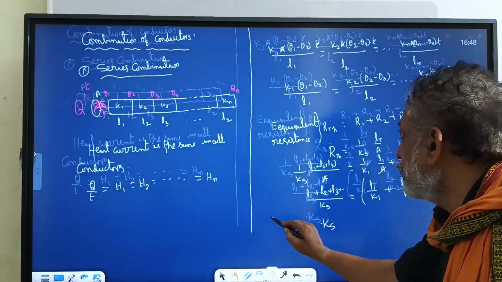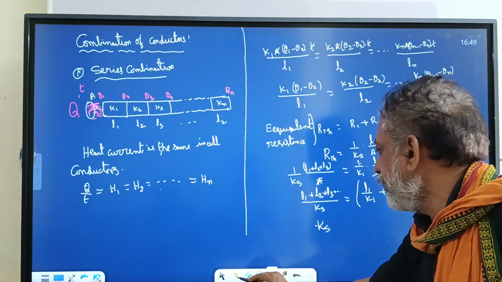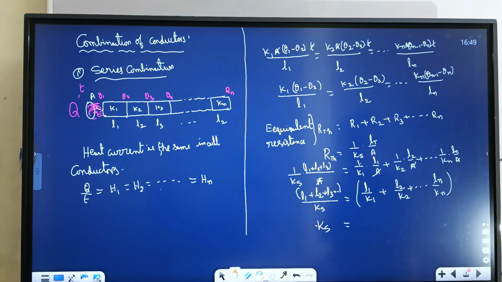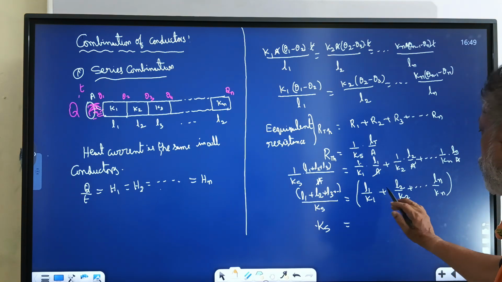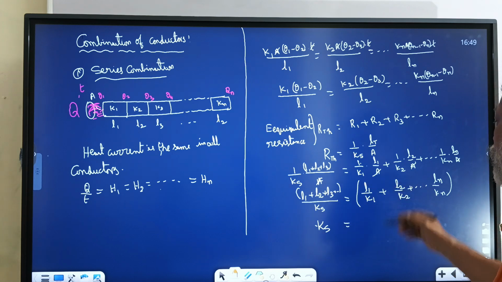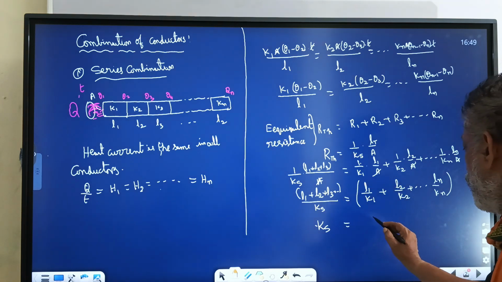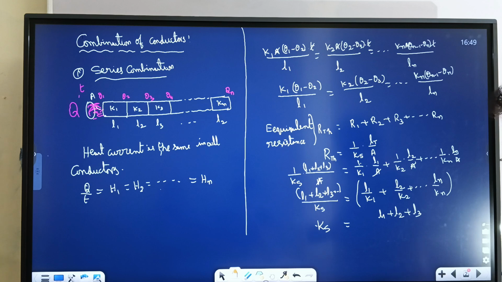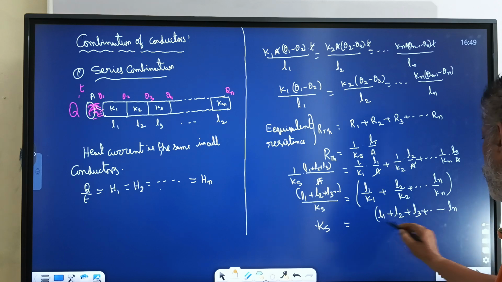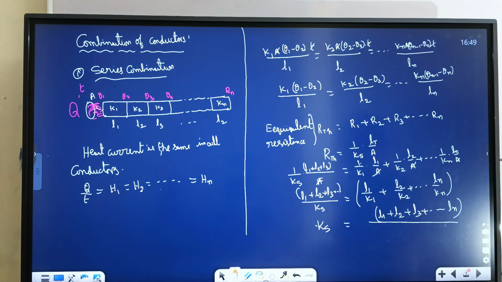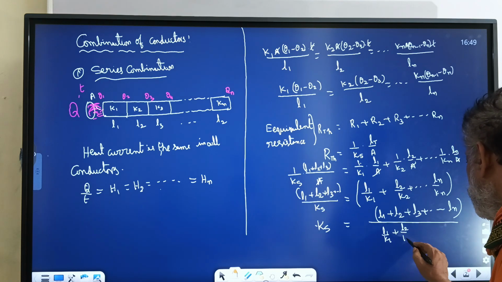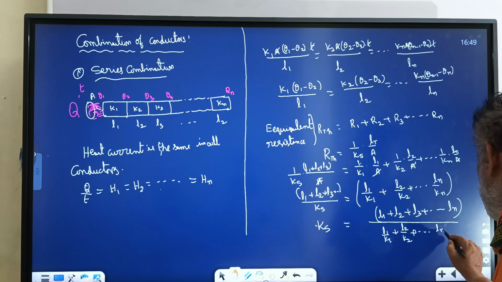Thermal conductivity in series, Ks, is equal to, by reciprocating, L1 plus L2 plus L3 up to Ln, whole divided by L1 by K1 plus L2 by K2 plus up to Ln by Kn.